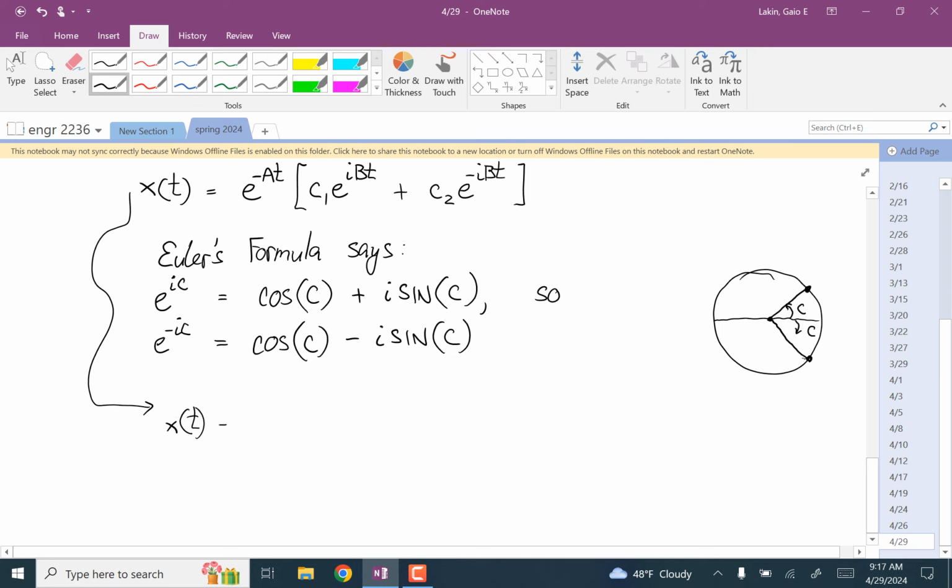And we get x of t is equal to e to the negative at times, so first, this one has a positive exponent, so this is c1 cosine of, what's the argument of this cosine if I'm using Euler's formula? Yep, bt, perfect. bt, and then plus i times c1 times sine of bt.